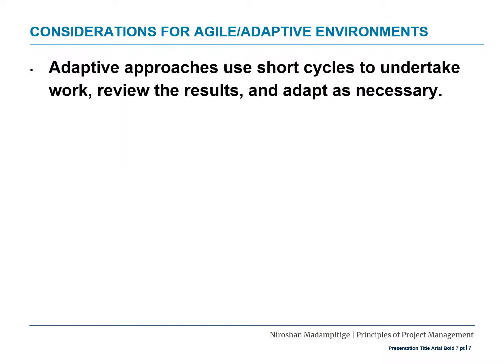Now let's have a look at some of the considerations for agile or adaptive environments. Adaptive approaches use short cycles to undertake work, review the results, and adapt as necessary, based on something called empirical process control, which is primarily based on three pillars: transparency, inspection, and adaptation.